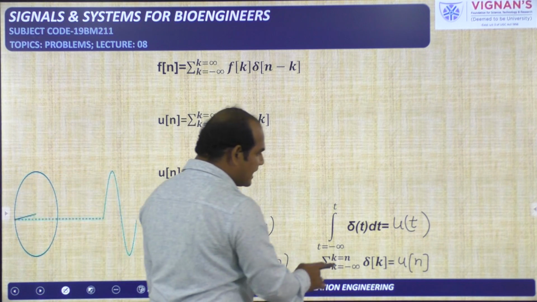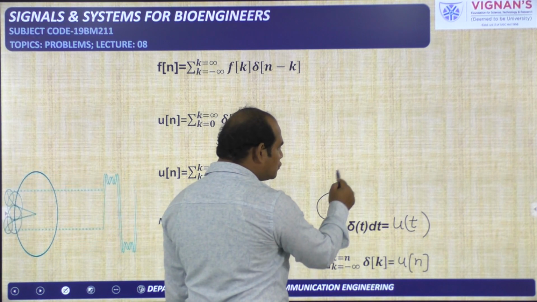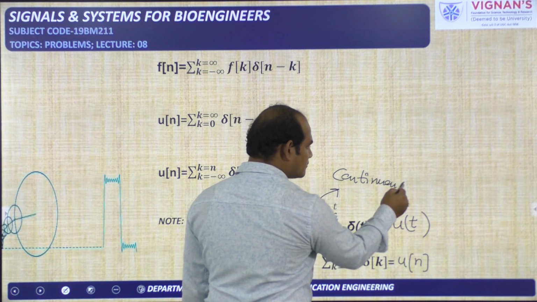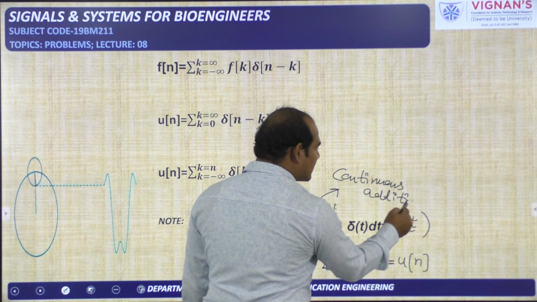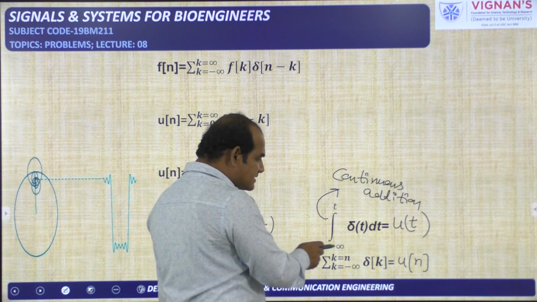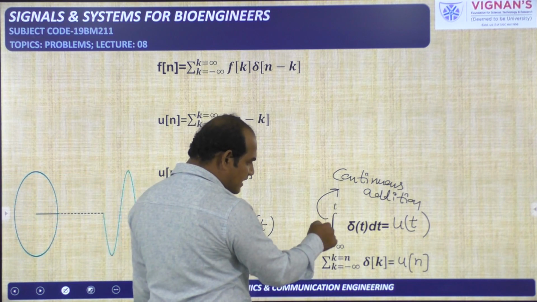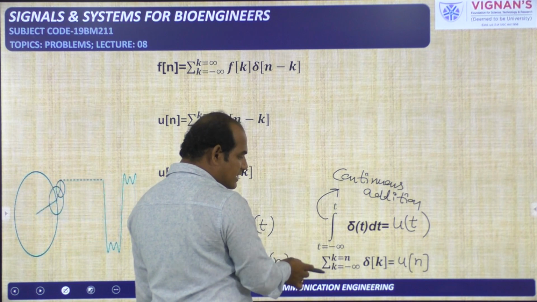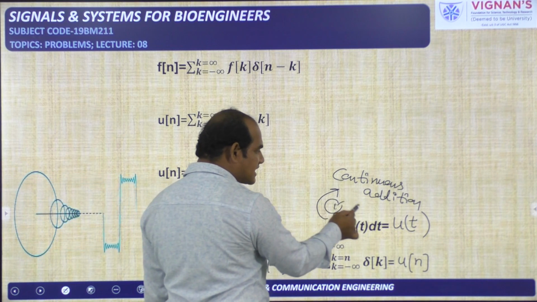Now coming to this one, integral I can say it is for the continuous addition. In case of continuous domain, in order to add we need to use the integration. In discrete domain, in order to add we need to use the sigma. So simply integral here, sigma here. Some variable is changing from minus infinity to t here, and here from minus infinity to n. Why here t? Because it is continuous domain.